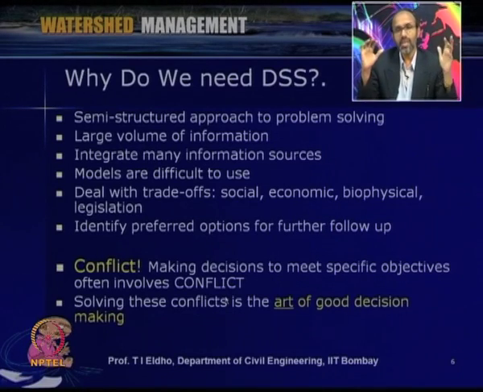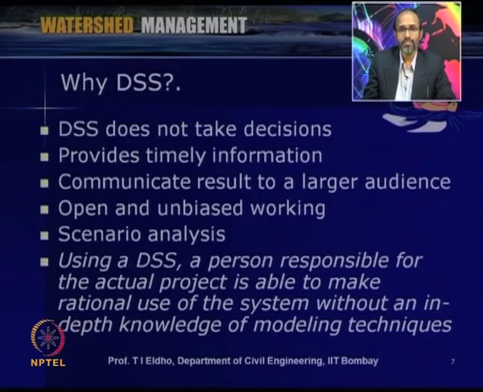Each alternative will have its own problems, and there will be conflicts between the alternatives. So good decision making means solving these conflicts and coming up with the best solution. The DSS will help the decision maker to arrive at the best solution.